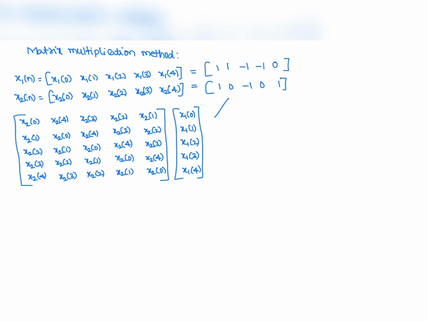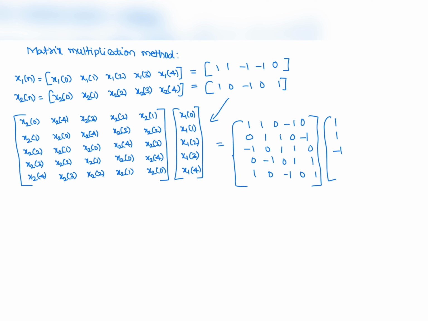Using matrix multiplication, we set up the circulant matrix of x2 of n and multiply it with the sequence x1 of n, that is 1, 1, minus 1, minus 1 and 0.